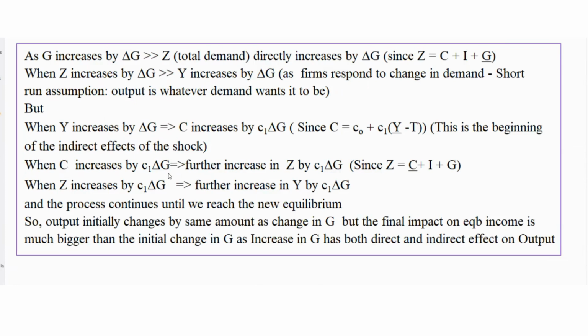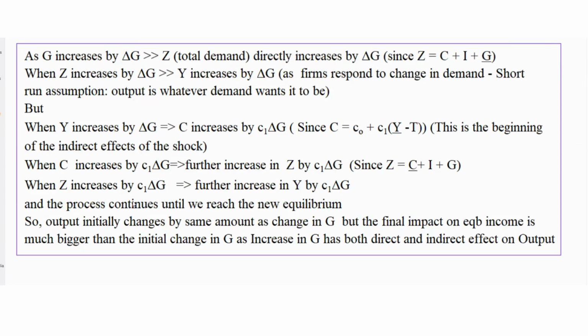Now, when C increases by C1 delta G, that will further increase Z by C1 delta G, because C is also one of the components of Z. When demand increases by C1 delta G, Y increases further by C1 delta G, because remember, our short-term assumption is that output is whatever demand wants it to be.